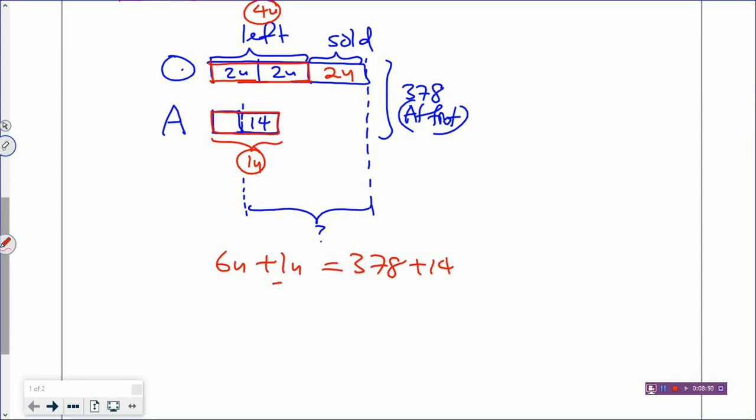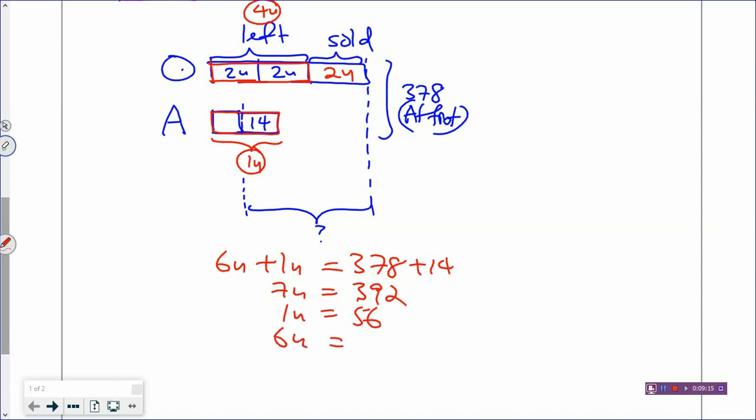So now your 7 units is equal to 378 plus 14. What is that? That'll be 392. And then you can find 1 unit, which is 392 divided by 7, and you get 1 unit is 56. Where's the question mark? How many more oranges than apples at first? Can you find 6 units of oranges at first?